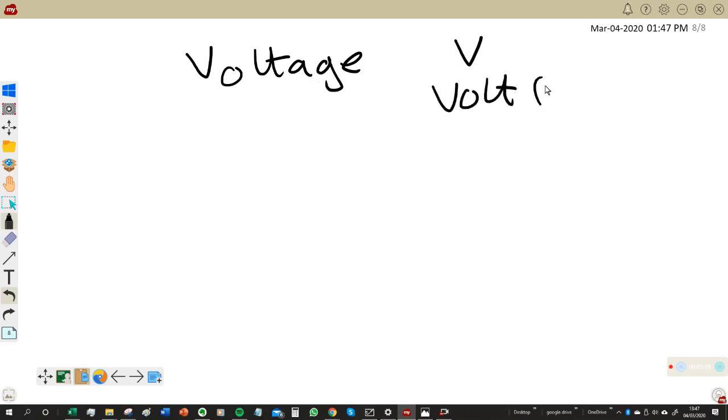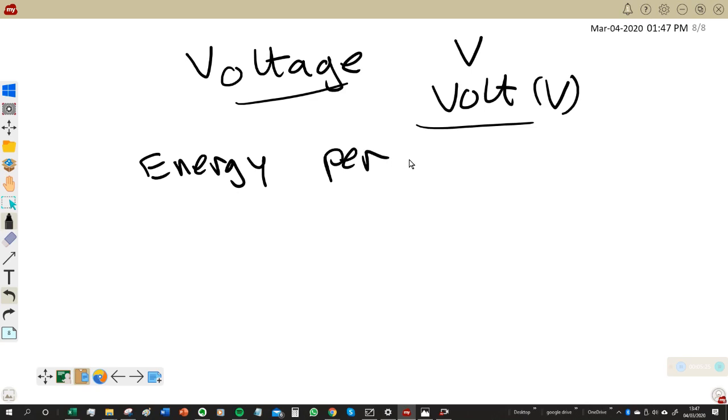The next one is voltage. So voltage, symbol V, and the unit is volt, and the symbol for volt is also capital V. So it's a little bit of a confusing one there. What is voltage? It's the energy per charge.